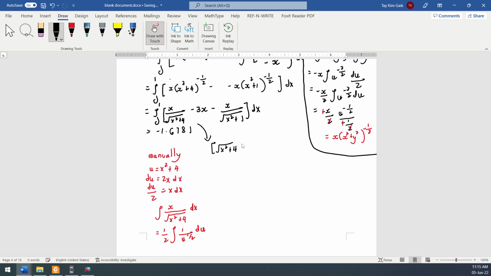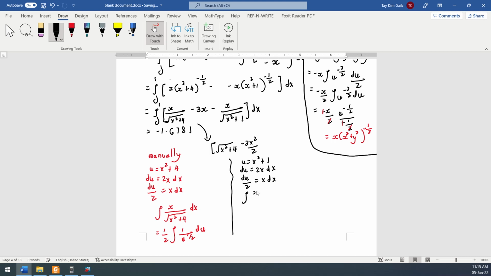Integrate negative 3x, you get negative 3x squared over 2. Similarly for the third integral, let u equal to x squared plus 1. So du will be 2x dx. So du over 2 will be the x dx.